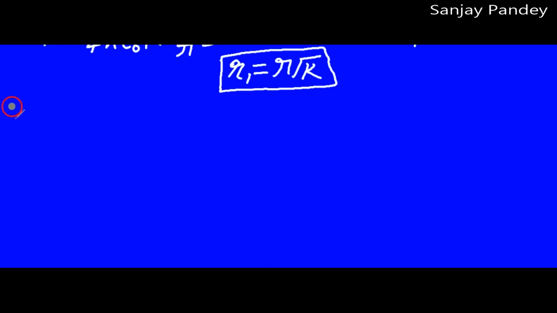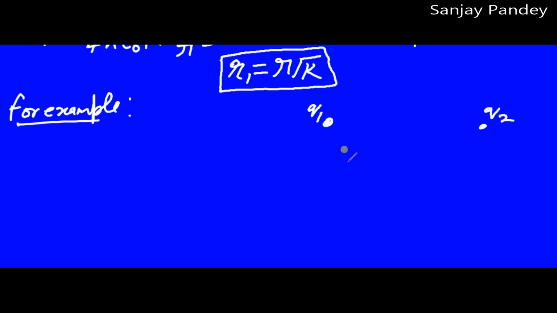For example, if we have two point charges q1 and q2, separated by distance r, and let a dielectric slab of thickness T be placed between these two charges.